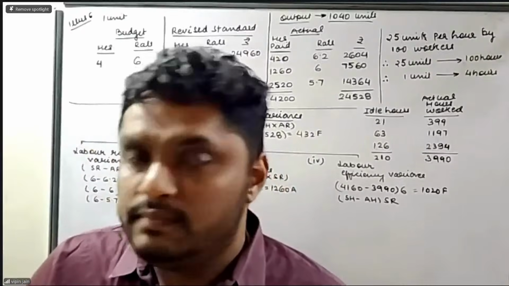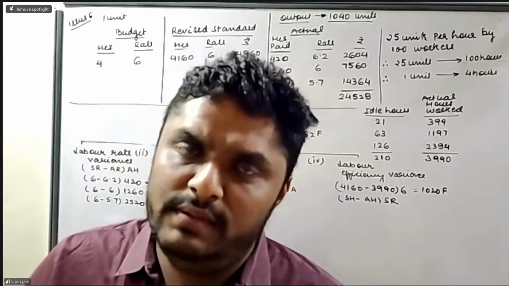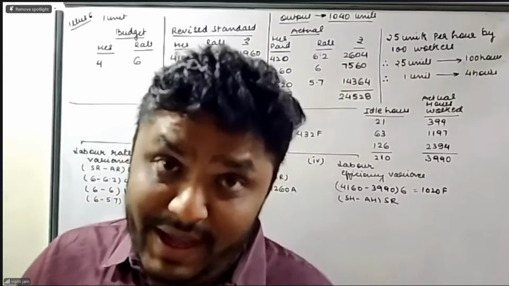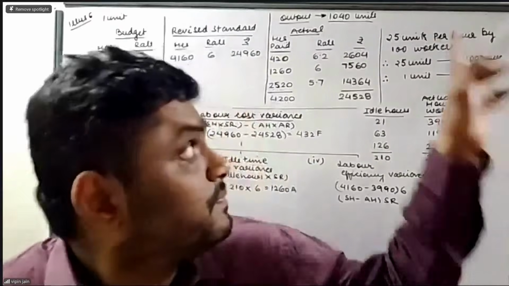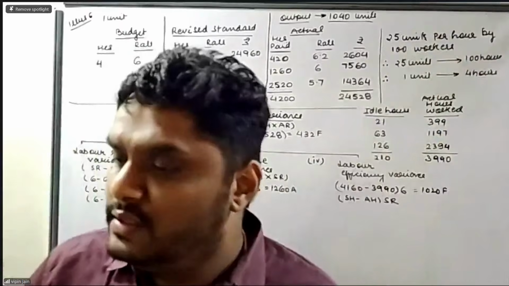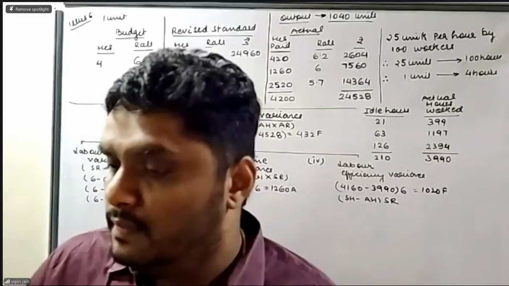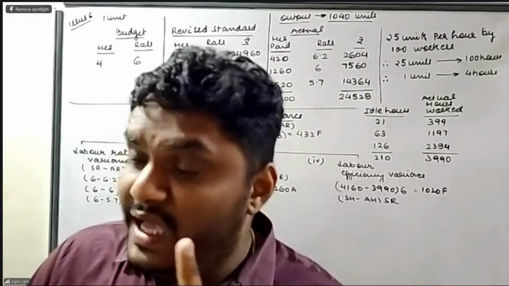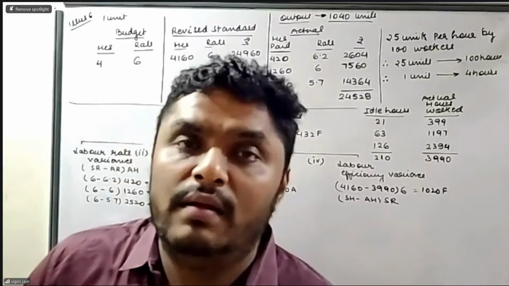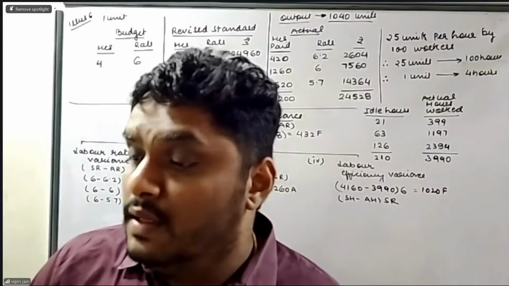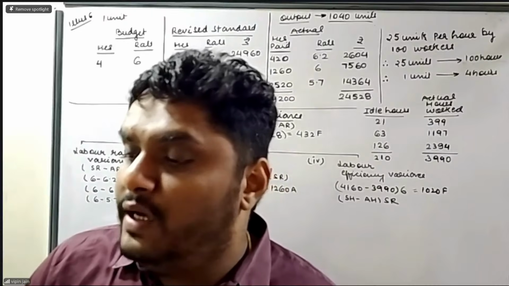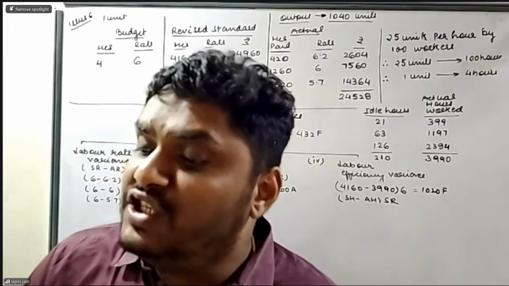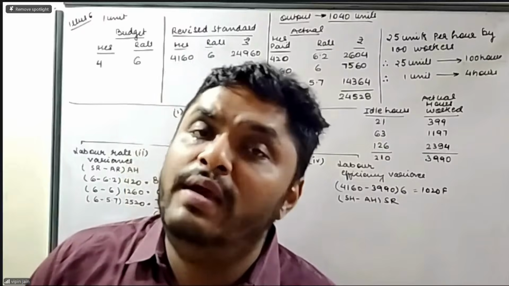Yes, sir. To manufacture how many units? 25 units. So it means a total of 100 hours we work jointly to manufacture 25 units. But they are working for 1 hour.